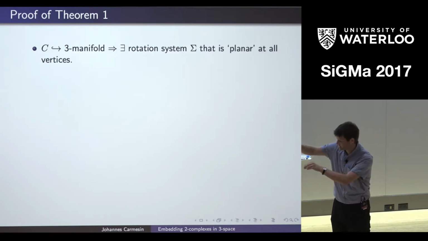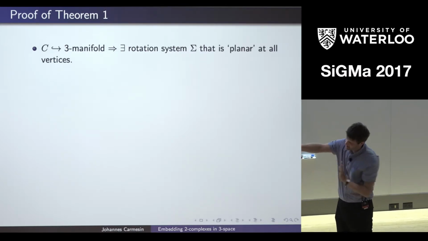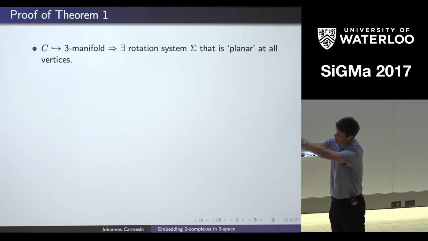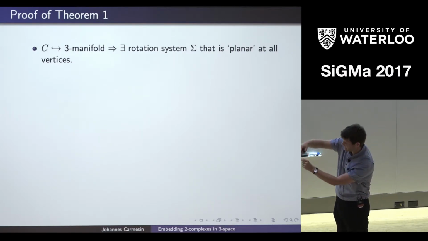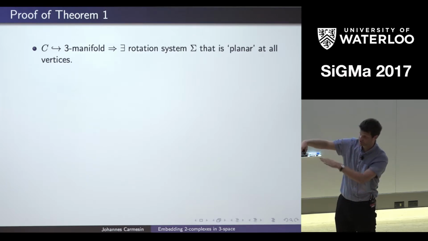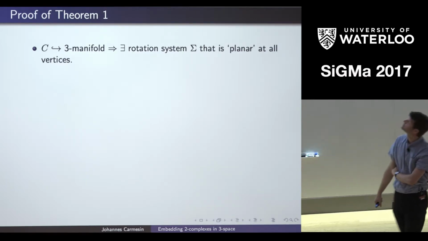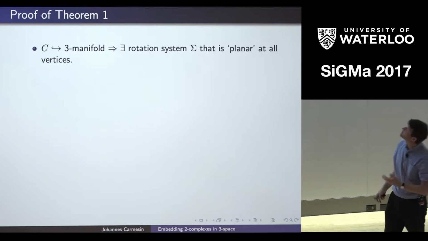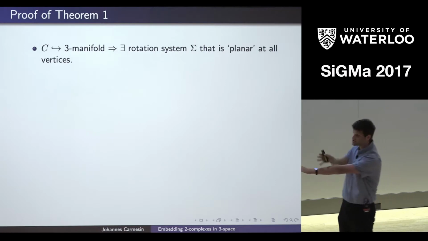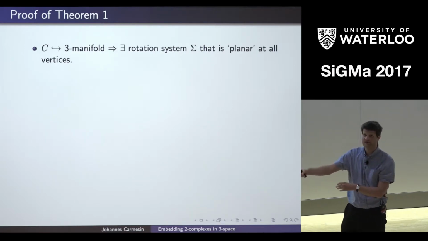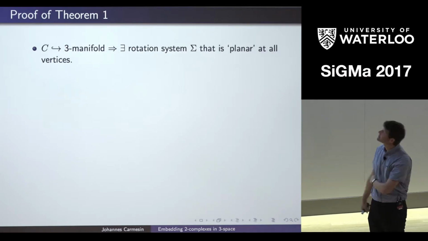So the edges project down to vertices, the faces project down to edges, and then in these embeddings of these graphs, which we call the link graphs, these cyclic orientations at the edges agree with the embeddings in the link graphs. Right? So very roughly, if you are embedded in 3-space, then you get these rotation systems that at the vertices satisfy some planarity conditions. And that's what we call a planar rotation system.